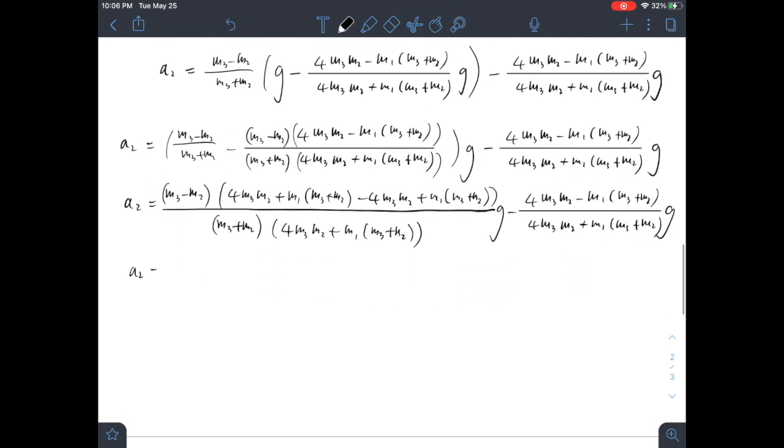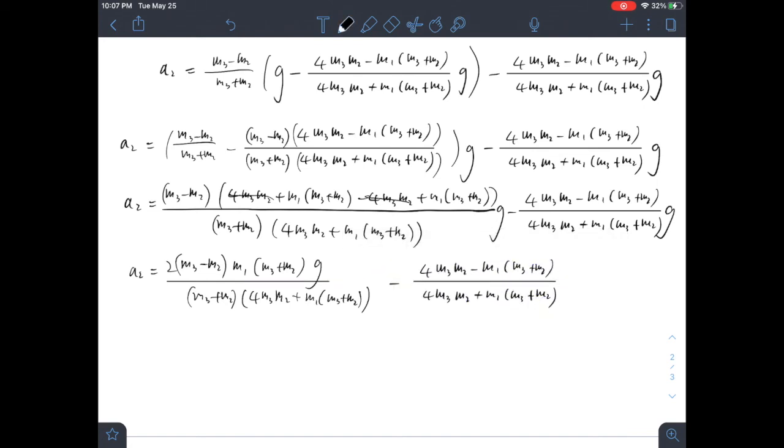Okay. And then A2 is equal to M3 minus M2. We found that these two terms cancel out. So what we have left is 2 times M1 times (M3 plus M2) times G over (M3 plus M2) times (4M3M2 plus M1 times (M3 plus M2)), and then minus this whole expression again times G. So now we just combine these two expressions.